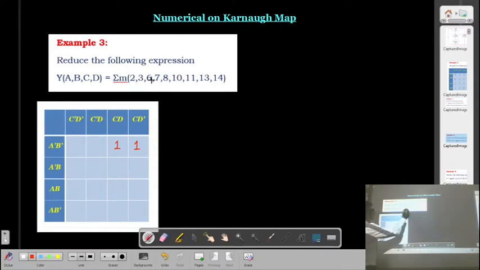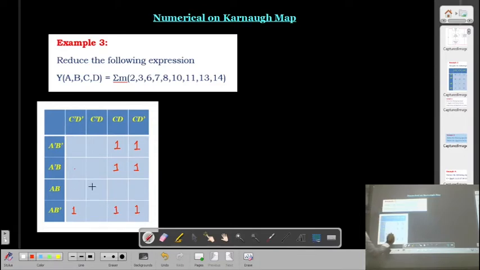Correct? Then 6, 7. So this one is 4, 5, 6 and this one is 7. 8, 10. 8, 9, and then 10, 11.